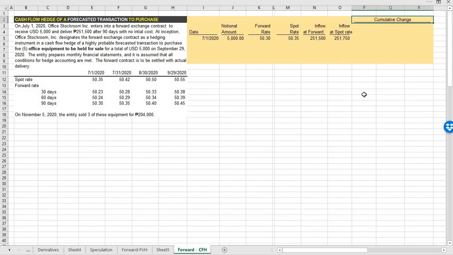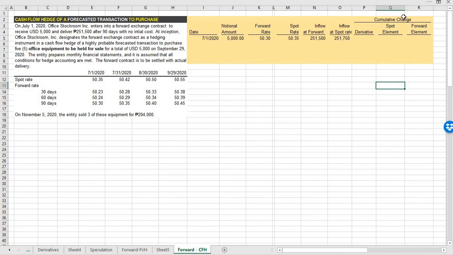So, ang cumulative change natin, syempre, that will be for the total value of the forward. So, yun yung value talaga ng derivative, which is equal to the fair value of the spot element and the forward element. So, on this date, the date of inception, syempre, wala pa tayong cumulative change. Kasi nga, date of inception pa lang to, di ba?